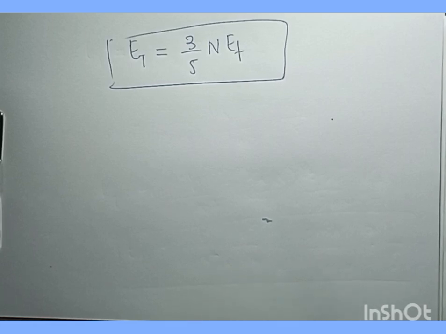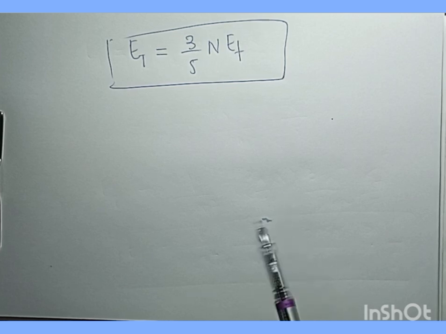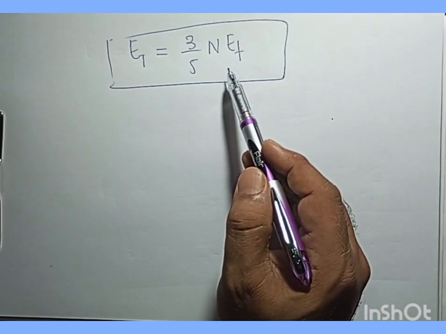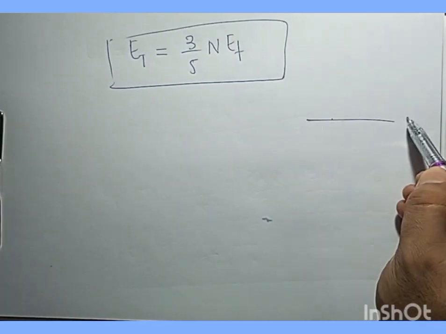So what we have done here is we have used second quantization. We have derived the total energy of non-interacting Fermi gas at absolute zero temperature, and the result is 3 by 5 N E_F. And this is what reflects the distribution of fermions in energy states up to the Fermi level.